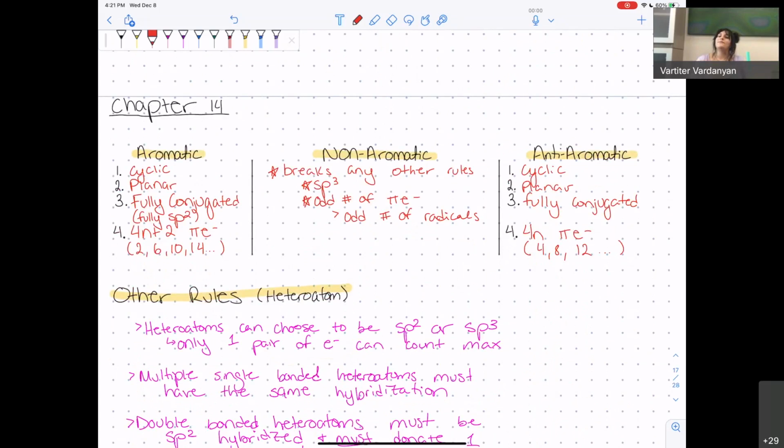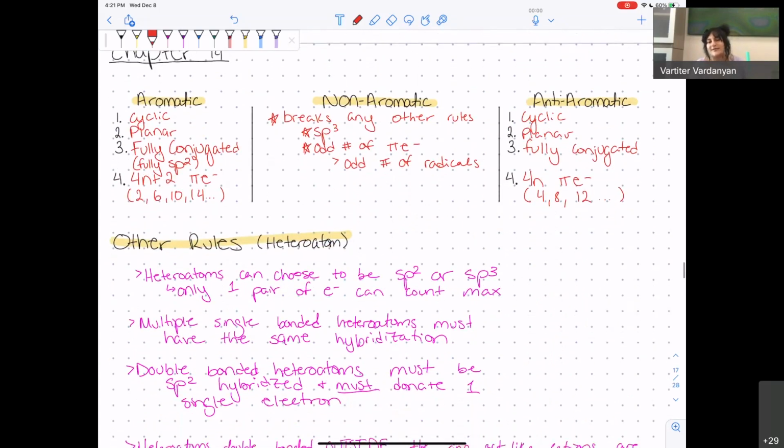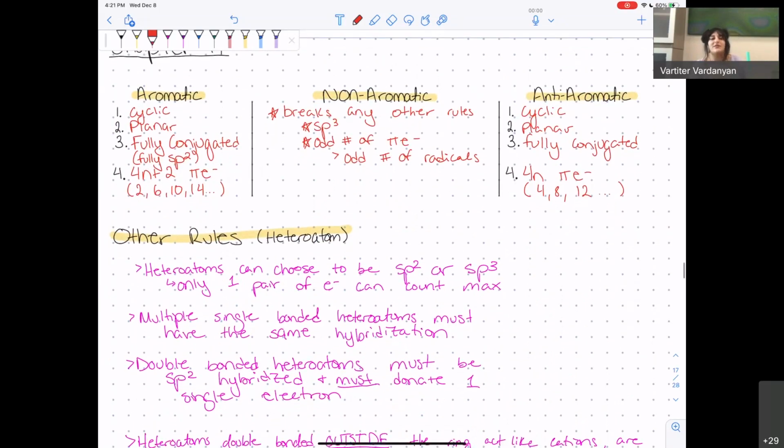Deep breath. And we're going to do chapter 14, aromaticity. Wow. So aromaticity is a mouthful. There's a bajillion and a half rules, but it's pretty straightforward and it's mostly just memorization. So aromatic has to follow 4 rules: cyclic, planar, fully conjugated, and 4n+2.